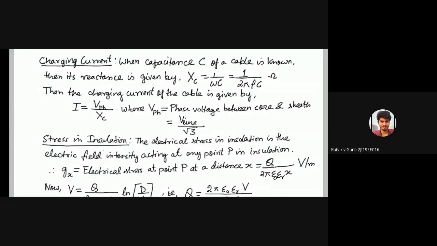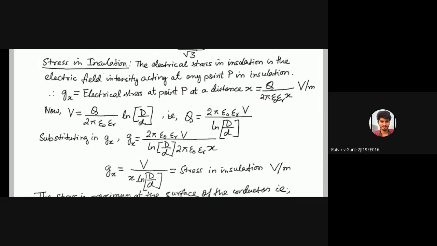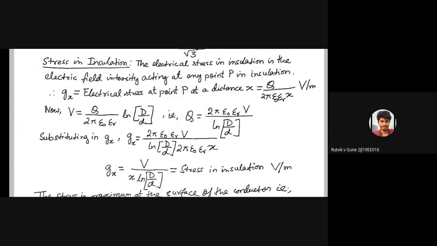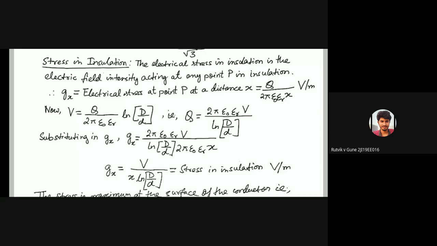Okay, next is the stress in insulation. Whenever insulation is there, there will be stress in insulation because the core is carrying a huge amount of current, and there will be leakage current.